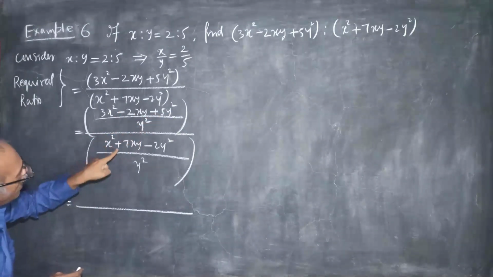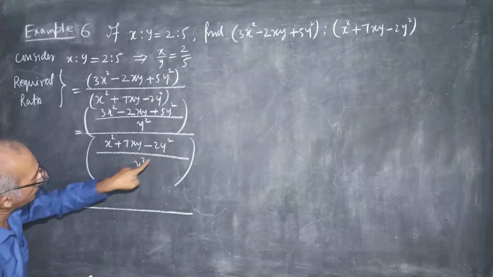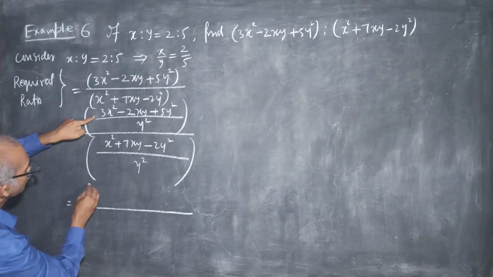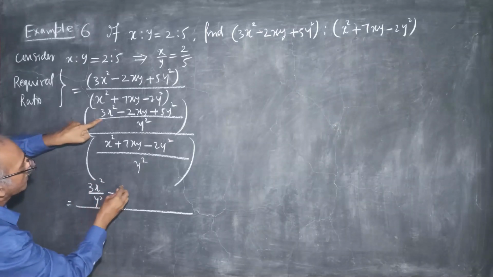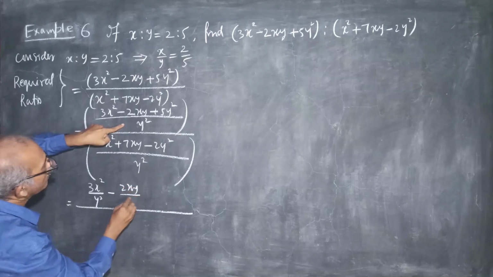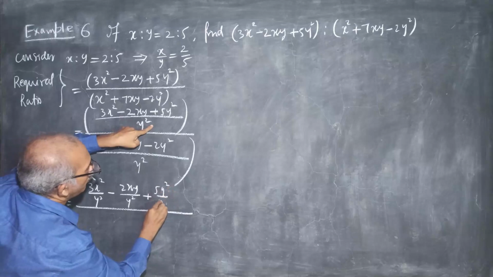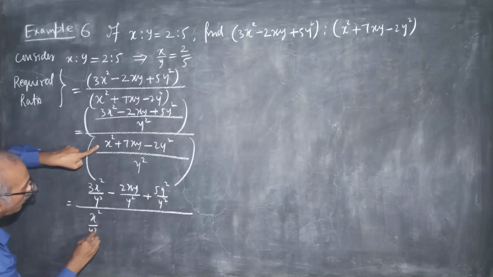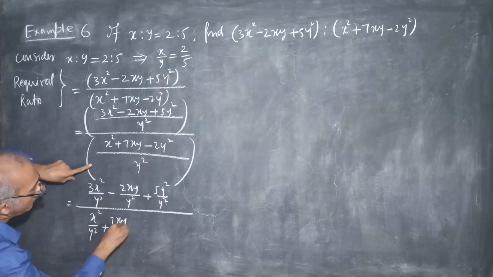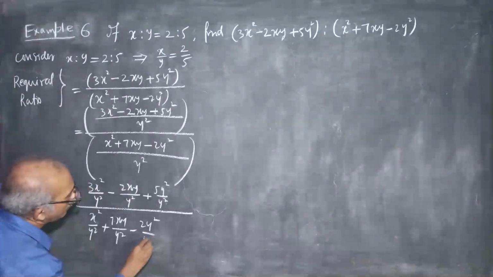Similarly, x square by y square plus 7xy by y square minus 2y square by y square.